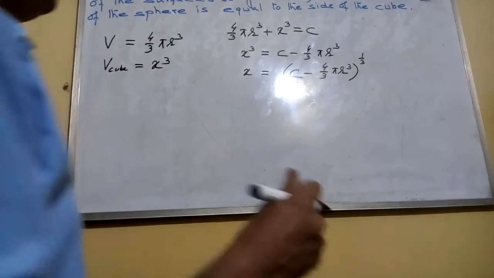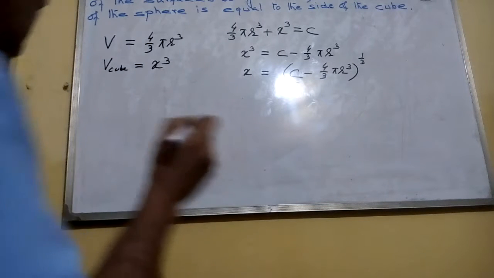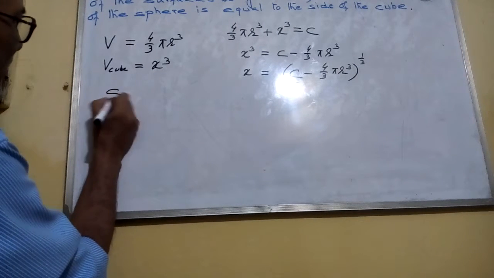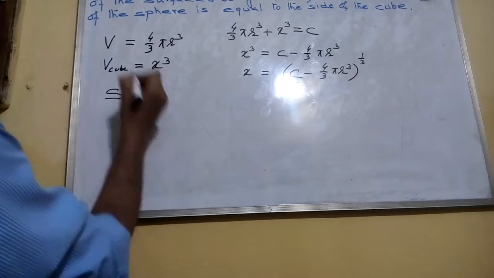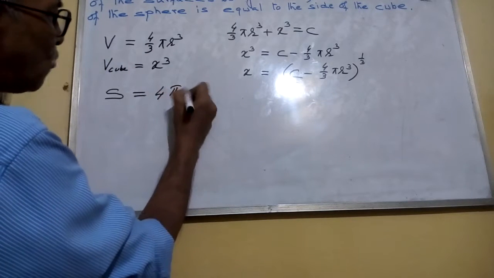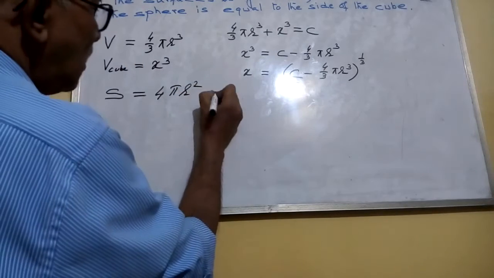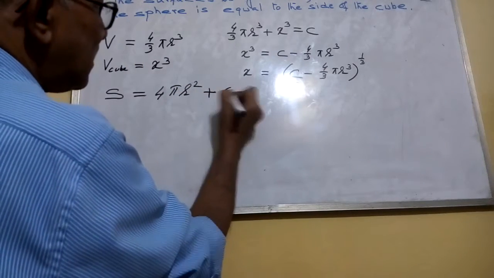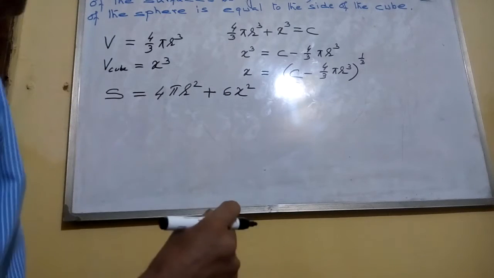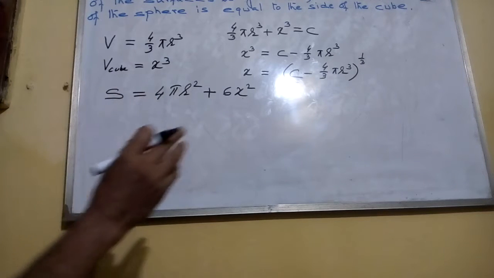Now what do we have to find? That when the sum of the surfaces is greatest, and let us assume the sum of the surfaces is S. The surface area of a sphere is 4πr² and the surface area of a cube, I think you can remember, is 6x². So we have to show that when the sum is greatest, what will happen?